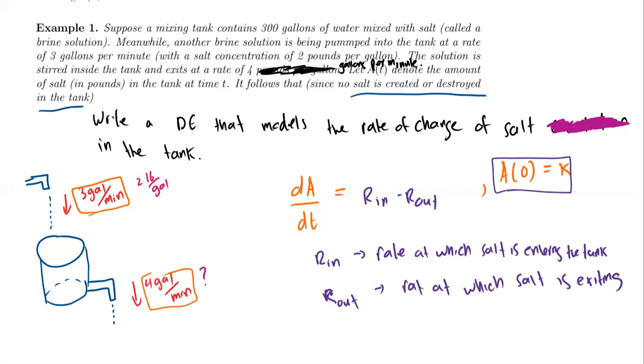Okay. Again, if there were salt created inside the tank, we would need more variables basically, or another thing in this expression. But again, since all of the salt depends on the amount coming in, the amount coming out, and the amount that was already there, this basically works.